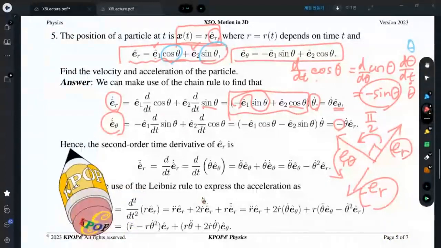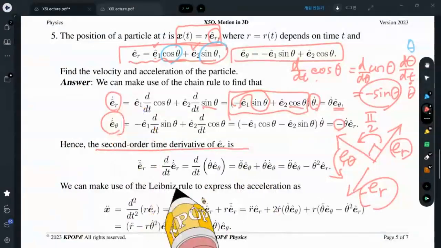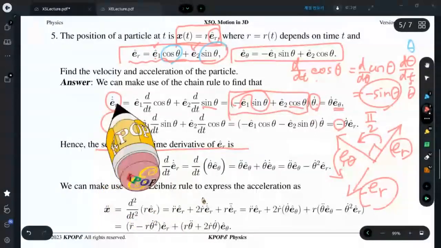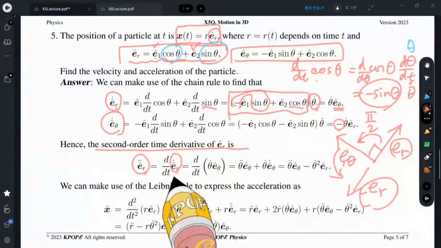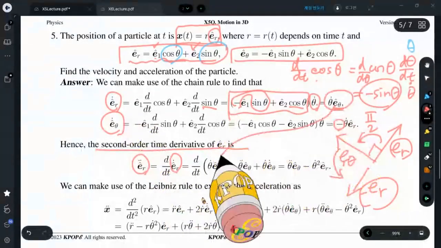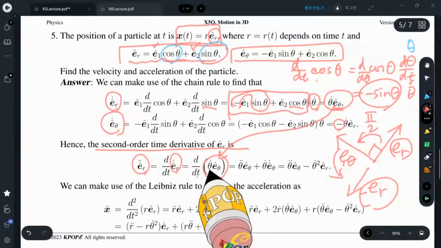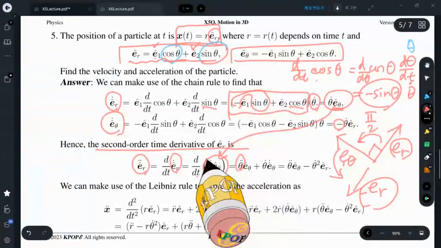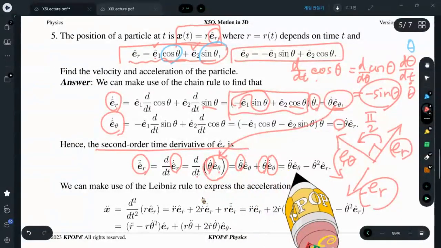In this manner, I can take the second order time derivative of the unit radial vector. So if I take the second order time derivative of this guy, the first order time derivative of e_r is e_theta dot. We copy this result in here, and we apply the Leibniz rule. Keep this one as it is, and we take the derivative of e_theta, and then this is copied.